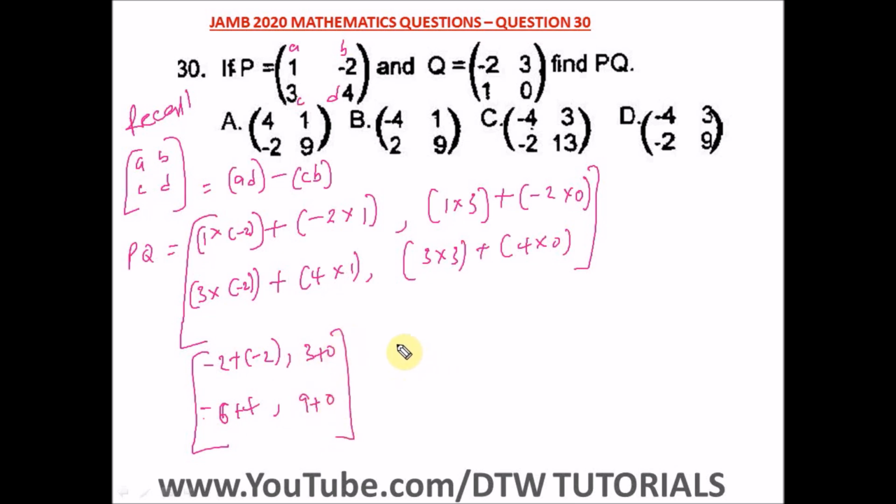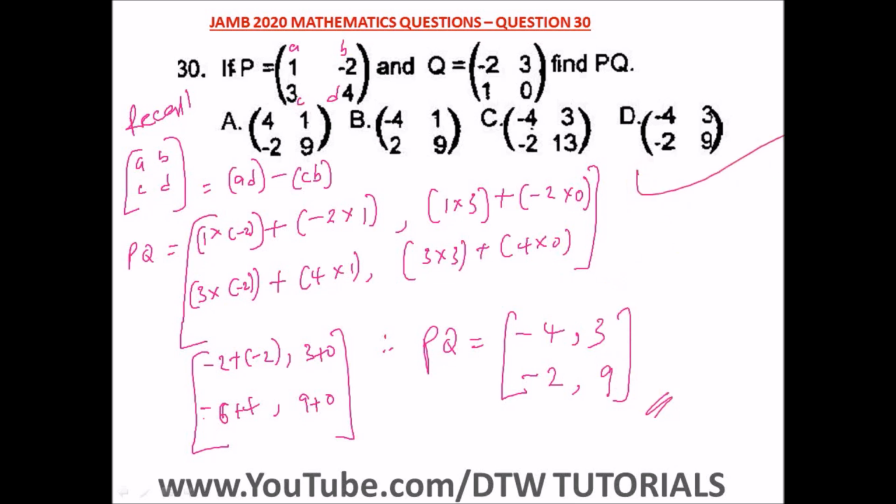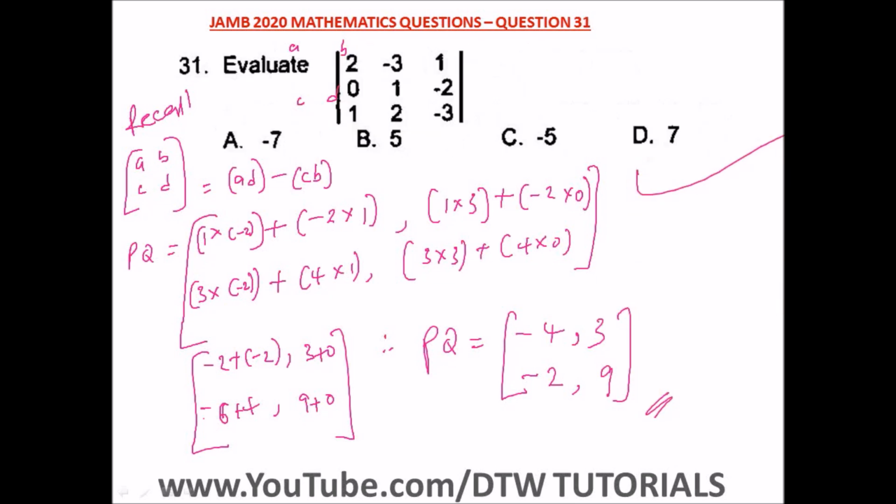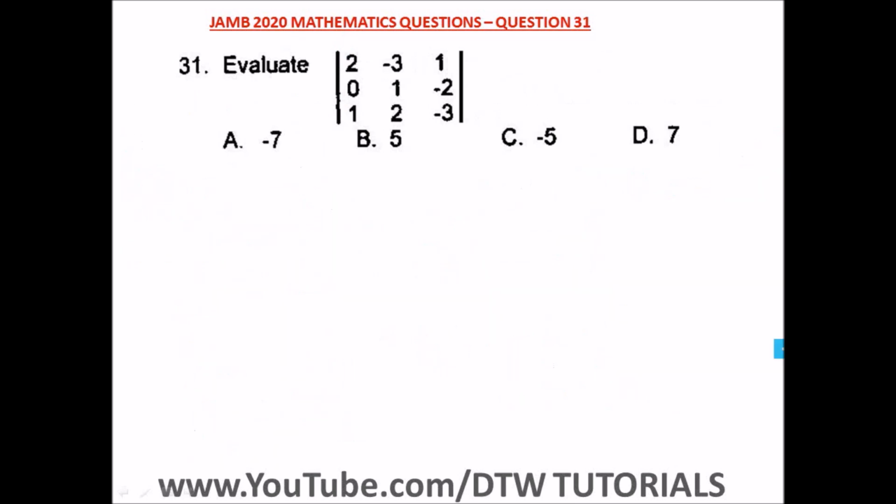So solving for this, our PQ is equal to minus 4, comma 3 and minus 2, comma 9. So this is our answer, which is this. So that will go to our next question. Let me take it off.